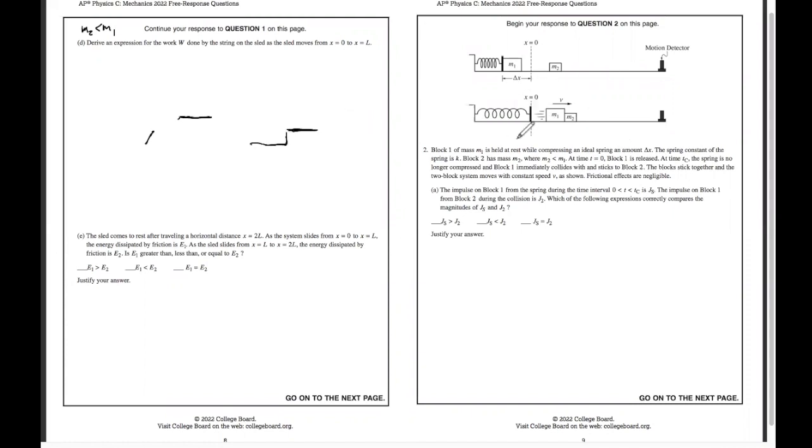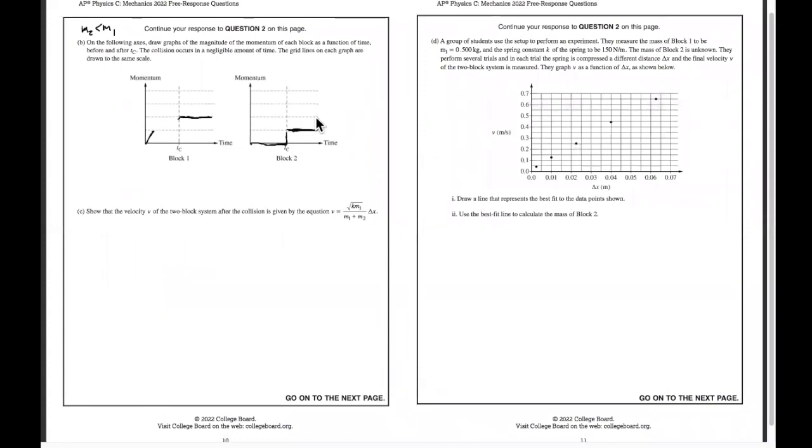When the spring goes back to equilibrium, it is not going to exert a constant force, and therefore the block is not going to have a constant acceleration. So the plot should not be just a straight line for the first half of block 1's momentum.